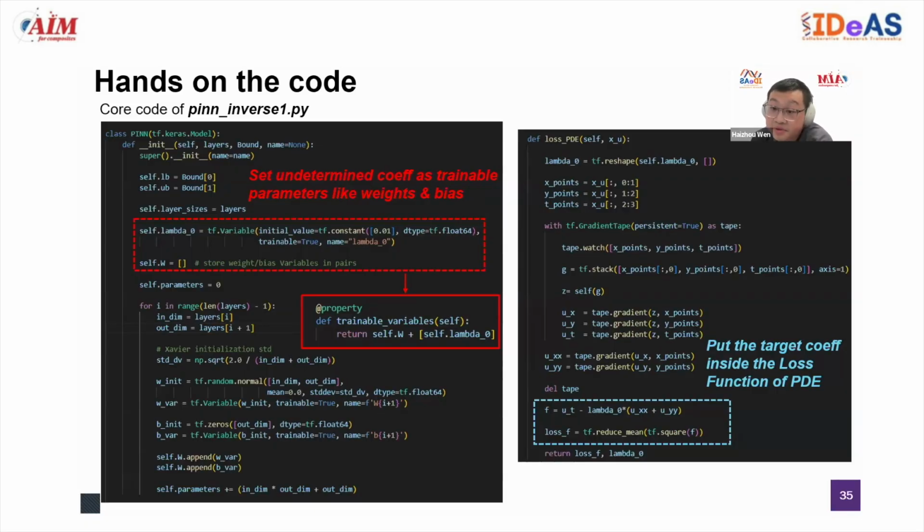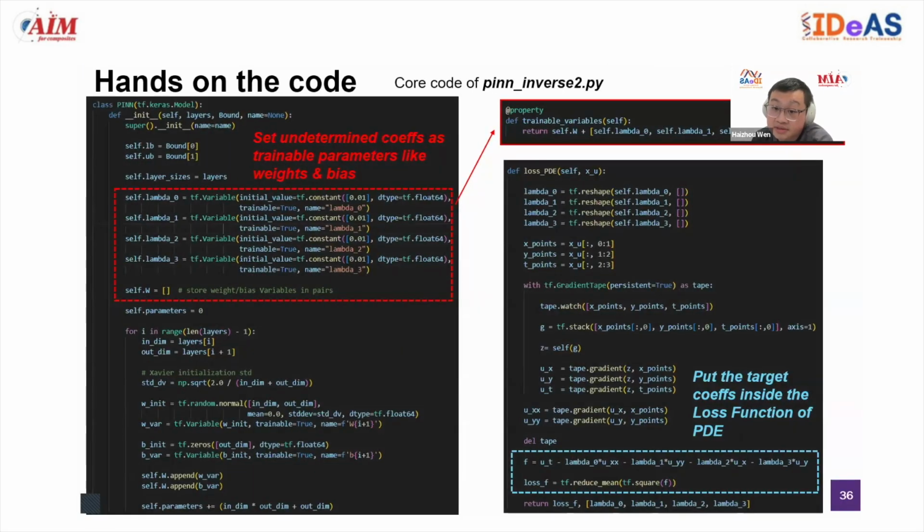We set the undetermined coefficients as trainable parameters, just like the weights and biases, and add the coefficients into the PDE. The procedure is the same in the second problem as well, except that more coefficients are defined and added to the PDE.